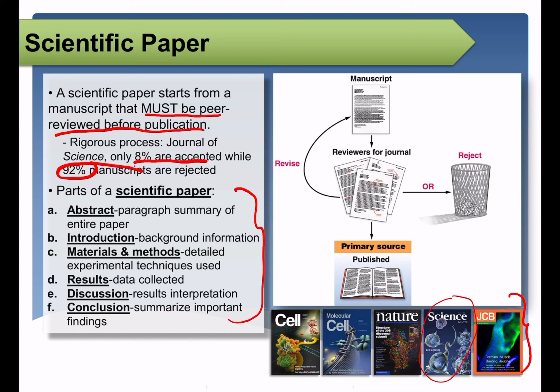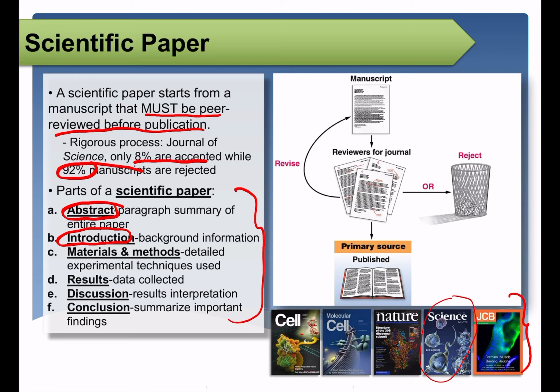Okay, first, it needs to include an abstract, which is pretty much just a paragraph summary of the entire paper. I'll further talk about this when I give you an example of a scientific paper. The next thing that should be included is the introduction section, which includes background information on your main topic of study.